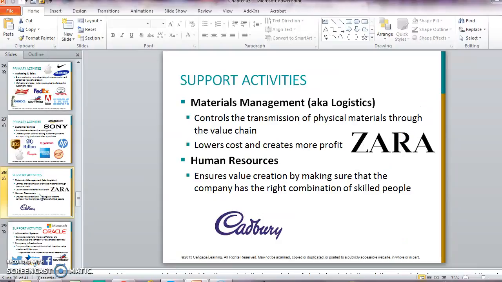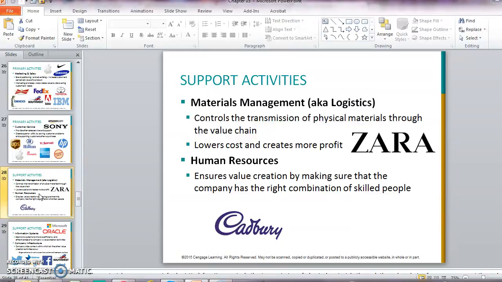Within the support realm, materials management. What is this? How efficient is the supply chain? How quickly and how efficiently can the materials come in that need to be turned into the product, and then how quickly can they be delivered out into the environment for sale? So logistics is enormously important as a support activity for creating value.